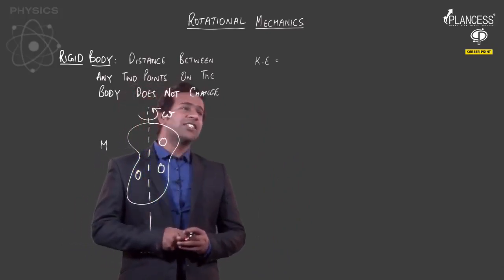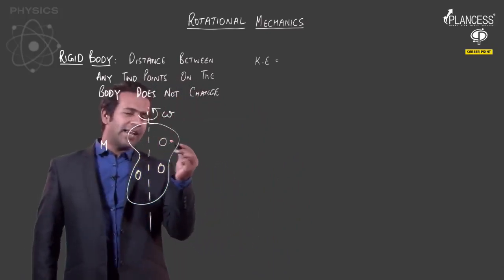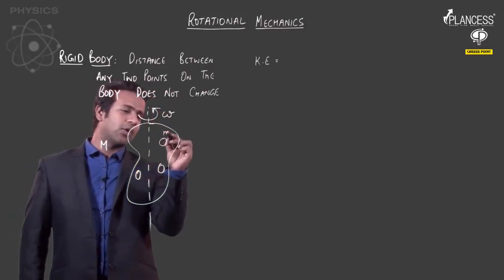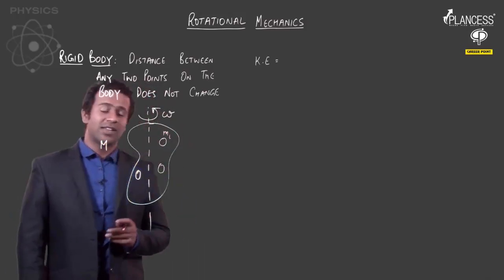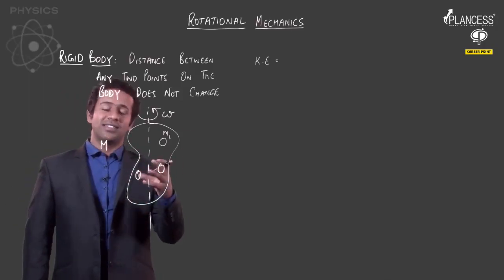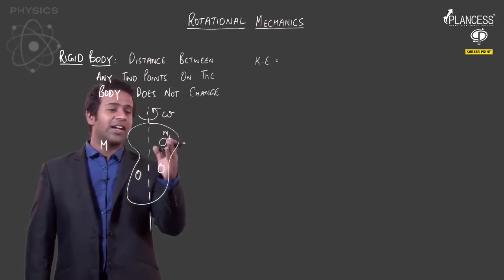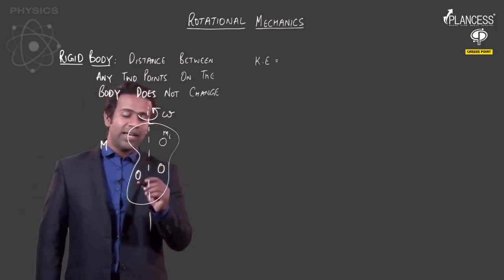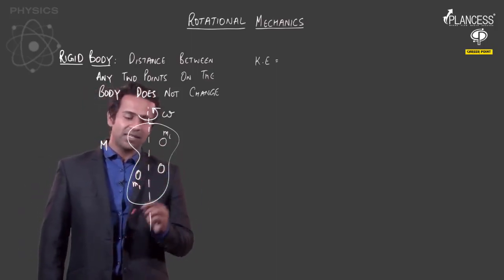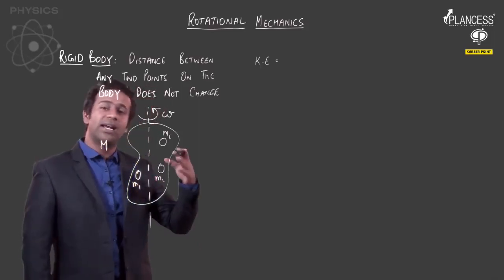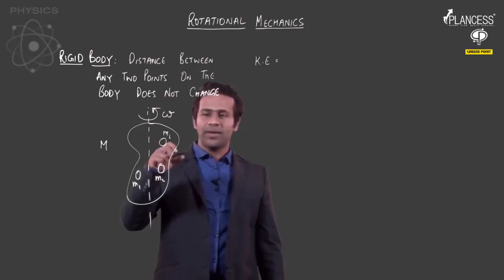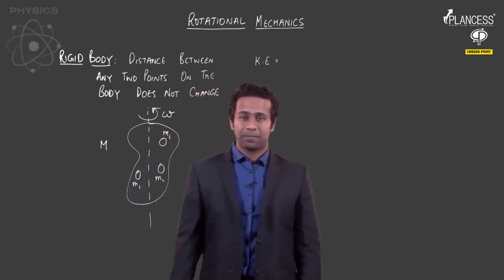So, if we take any one body, like say this, let me call it Mi. So this is one particle of this collection and I'm giving it a general index Mi. So I can assume that this body is made up of, say, n masses, M1, M2 till Mn, right? So I'm considering a general body and I'm giving it the index i.